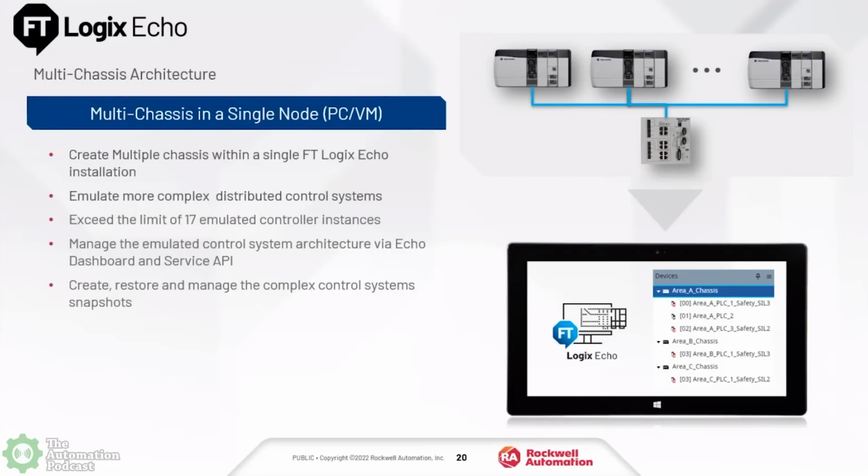Okay, so continue on with the Logix Echo features. For Echo's multi-chassis architecture, I know this is going to be a question, so I'm just going to answer it now. R1 of Echo has a single chassis, 17 controller support. R2 is multi-chassis and does not have a defined controller support limit. It will vary and depend on the resources of your system.